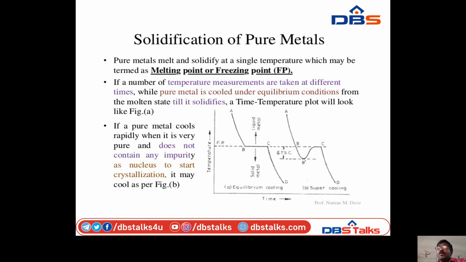If a pure metal cools rapidly when it is very pure and does not contain any impurities as nuclei to start crystallization, it may cool as in figure 3. In the figure, the equilibrium condition is figure A, supercooling is in figure B.